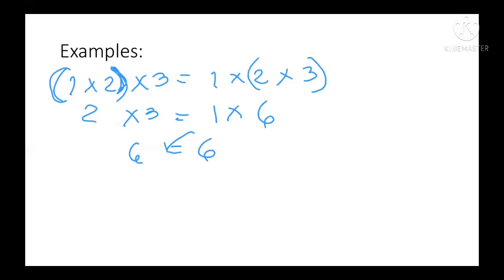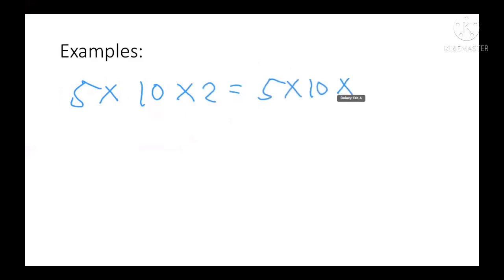Another example. 5 times 10 times 2. On the left side, I will group 10 and 2. On the other side, I will group 5 and 10. So they have different groups, right?